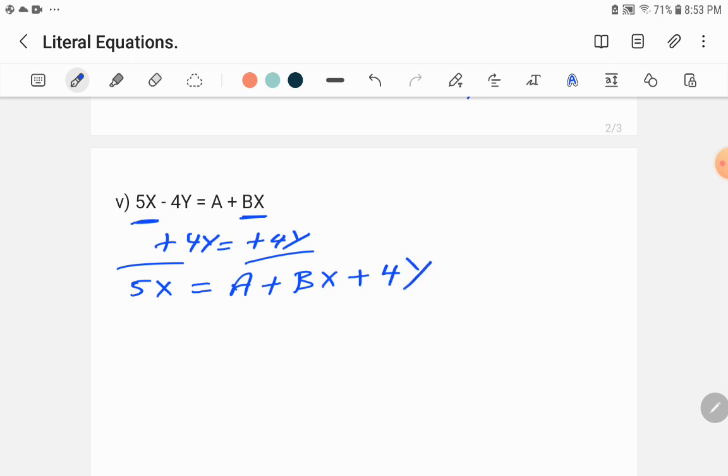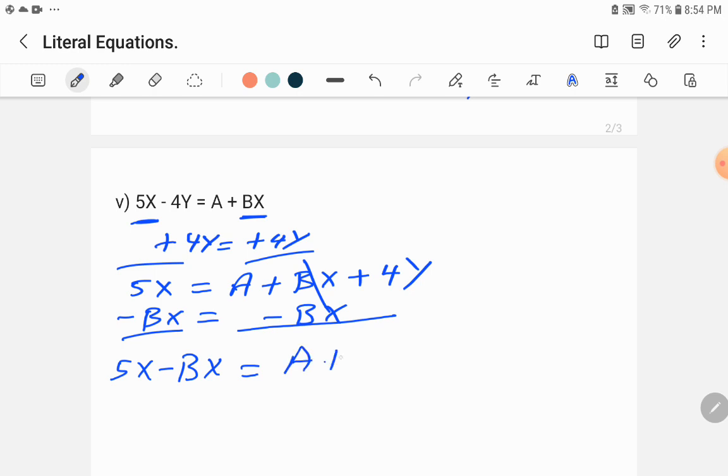And now I want the bx to be over on the left, so subtract bx from both sides. So we have 5x minus bx equal to, well, these cancel out, leaving a plus 4y.